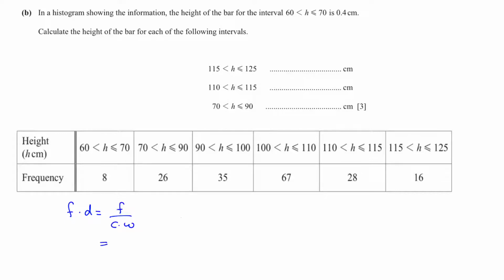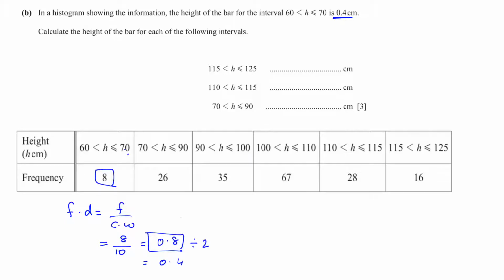So we have frequency is 8 and class width is 70 minus 60, which is 10, 0.8. That should be our frequency density or the height of the bar. But we have been told that the height is 0.4. We can get that by dividing by 2.